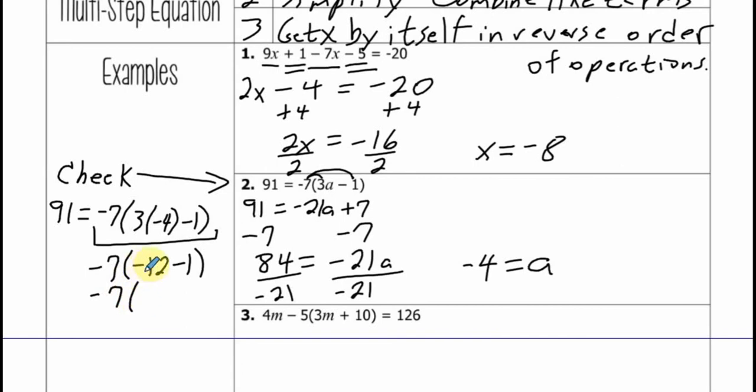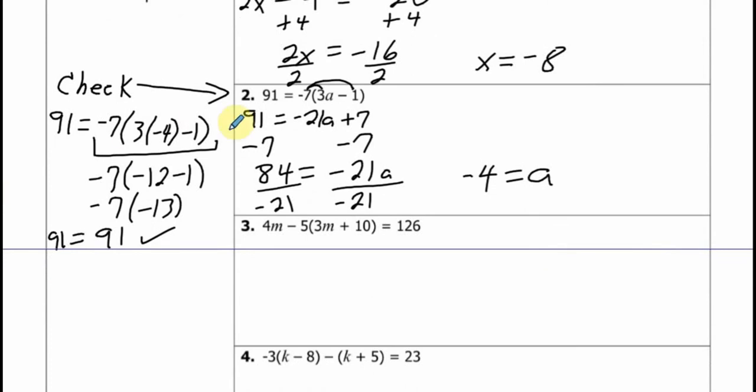Inside the parentheses still, negative 12 minus 1. And then we would multiply negative 7 times negative 13. And we get 91 on the right side. And we already had 91 on the left side. And it works out for us.